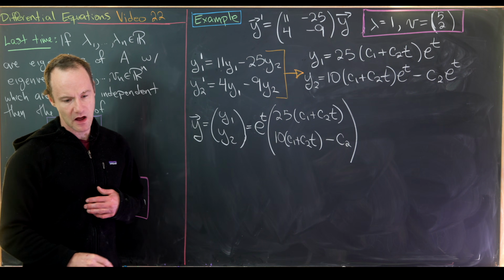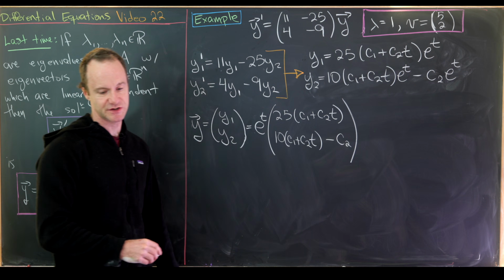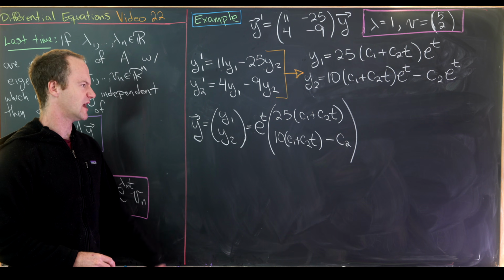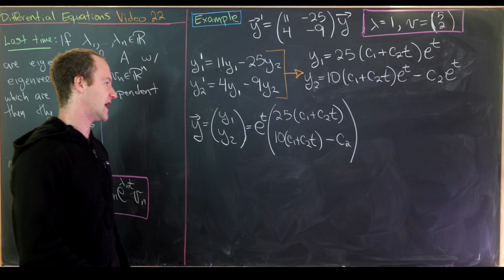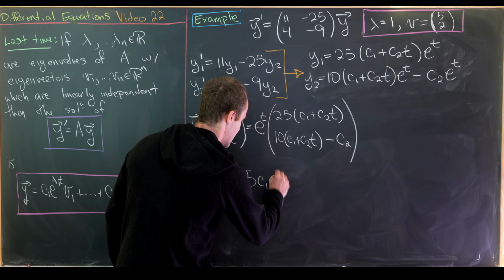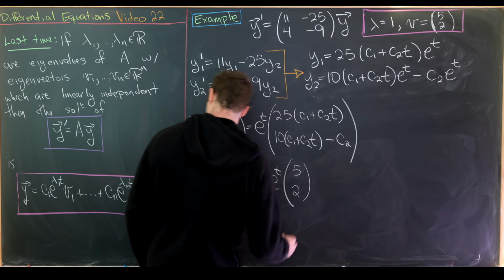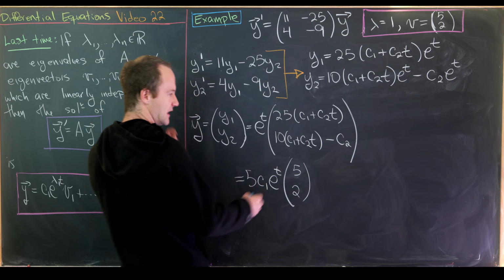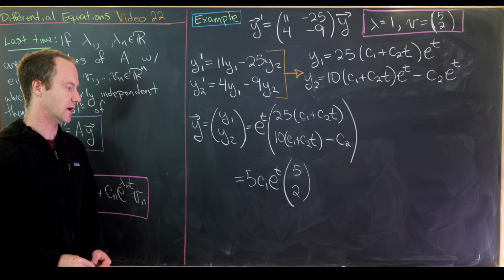Good. And now what I'd like to note is that I've got stuff in terms of c1 and stuff also in terms of c2. That motivates us to pull this into two parts. And then I'll also pull out a 5 when possible. So that'll give me 5 c1 e to the t, and then I'll have the vector 5, 2. So that's going to be everything related to this constant term right here, this c1.